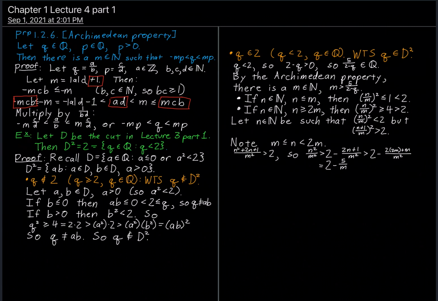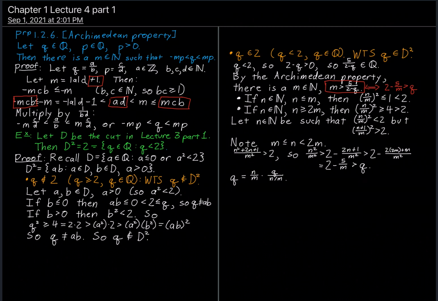And if we go back to our definition of m up here, you can do a little bit of algebra and see that this is true if and only if 2 minus 5 over m is bigger than q. So we've got a rational number n over m, and its square is between 2 and q. So q we're going to write as n over m times q over n over m.